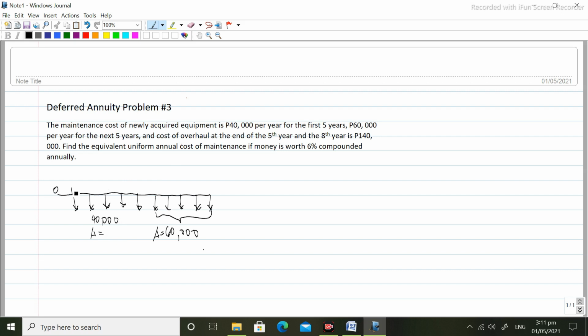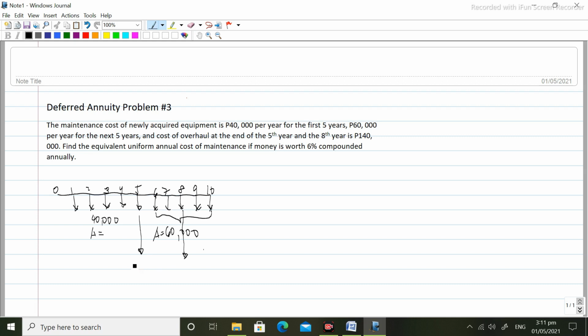So, 1, 2, 3, 4, 5, 6, 7, 8, 9, 10. Then, and cost of overhaul at the end of 5th year. So, meron tayong overhaul dito na 140,000 pati sa 8th year.